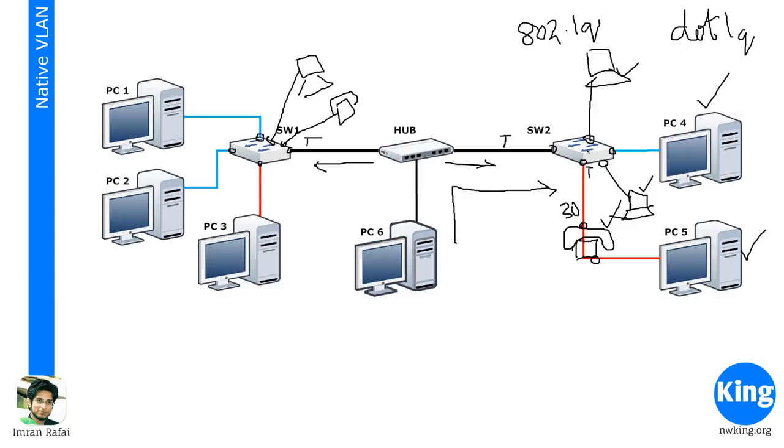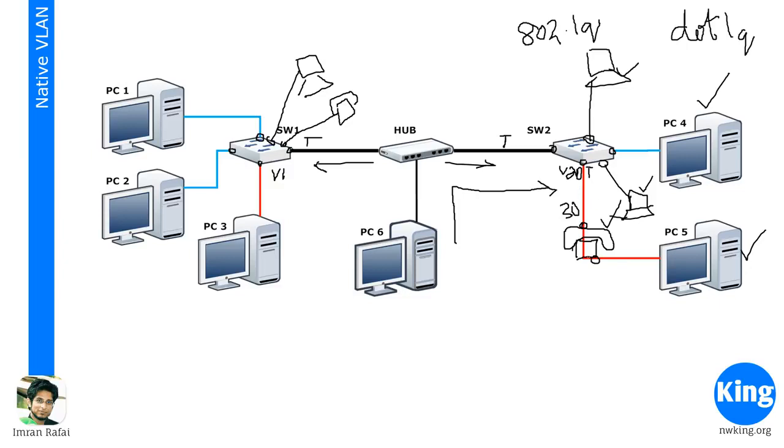Now the question is this: can you change the native VLAN? And the answer is yes, you can change the native VLAN. But the only challenge when you do that is, like I said, the native VLAN is 1 here, right? And the native VLAN, let's say to accommodate this, and since we know red is 20, we change the native VLAN to VLAN 20, right?